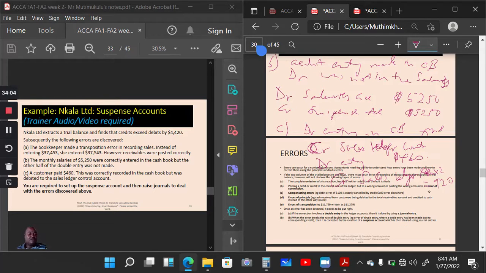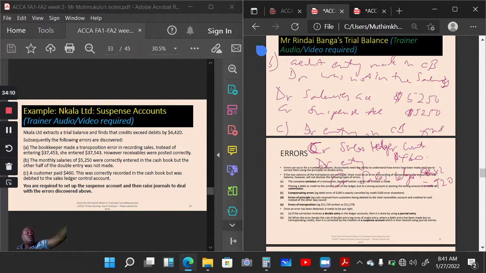That's the amount we need to ensure that this transaction has been dealt with correctly.